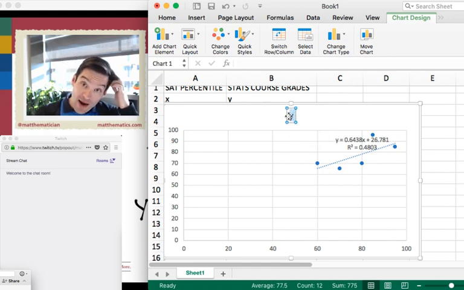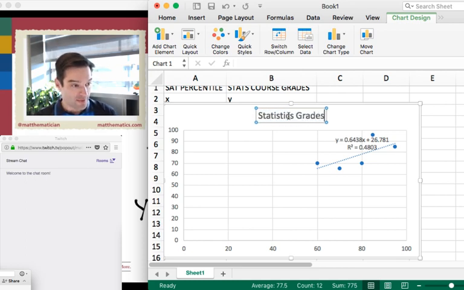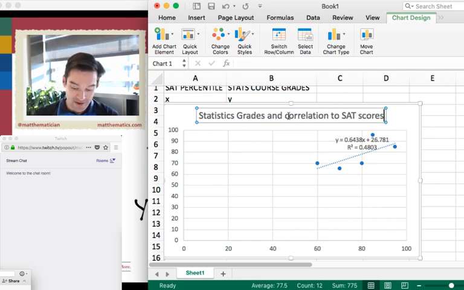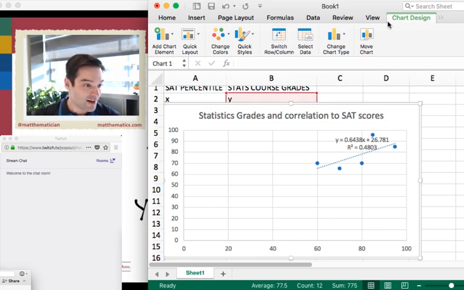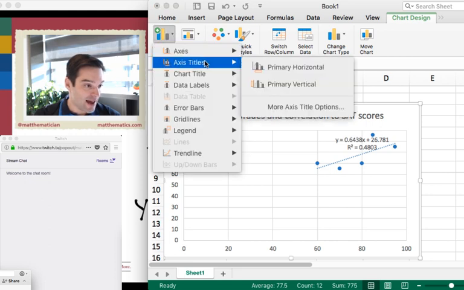If we were going to use this graph for something professionally, you would also want to give it labels. So statistics grades and their correlation to SAT scores. Give the chart a title. You probably want to give the axes some titles, so I'll add an axis title.